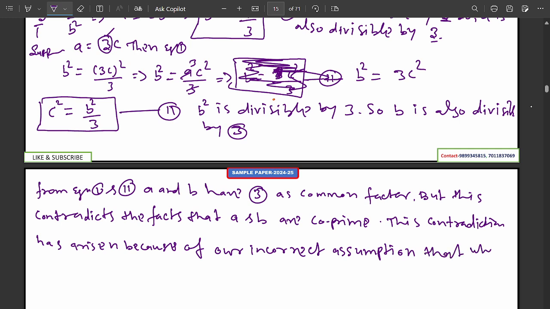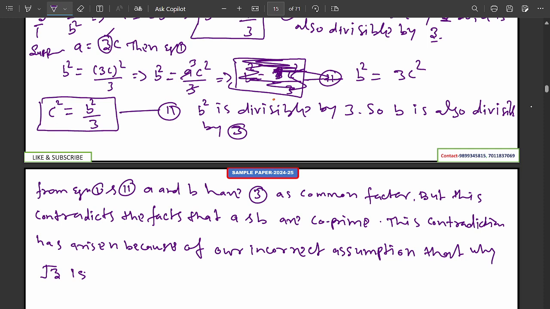So from equations 1 and 2 we have 3 as a common factor, but this contradicts the fact that a and b are co-prime. This contradiction has arisen because of our incorrect assumption that root 3 is a rational number.